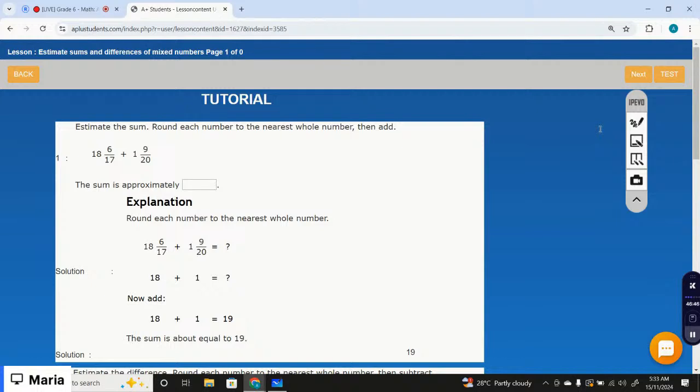Just look at the second fraction, 9 over 20. 9 over 20 is again less than half, so you need to round down to the same whole number. So 18 plus 1 makes 19.